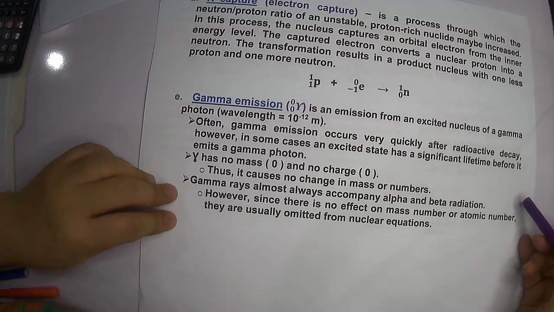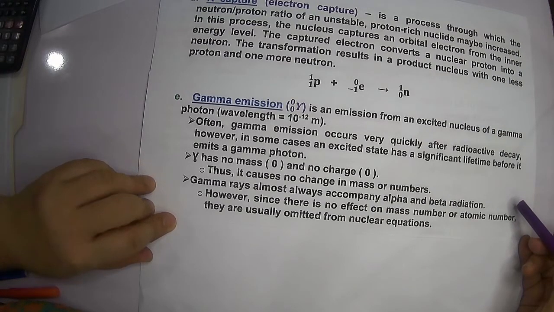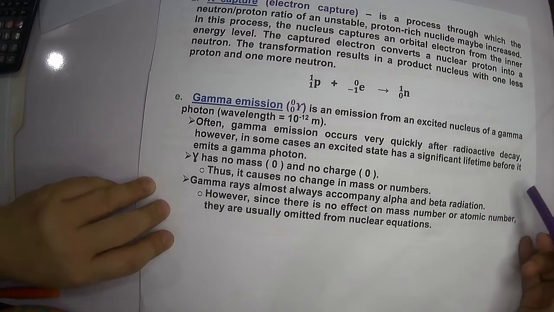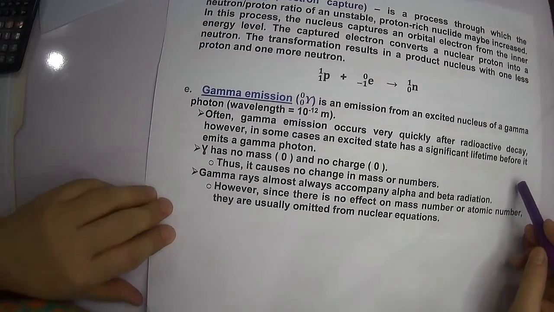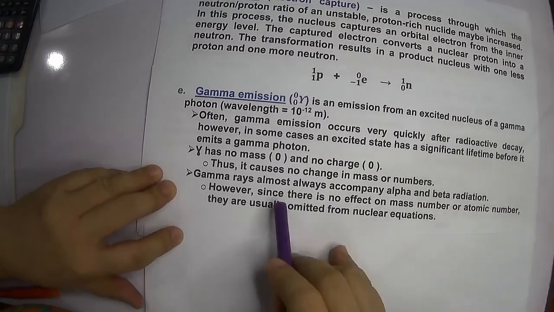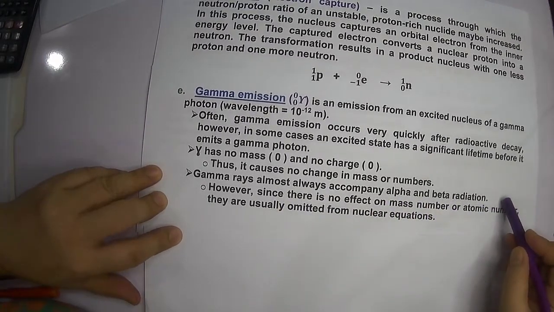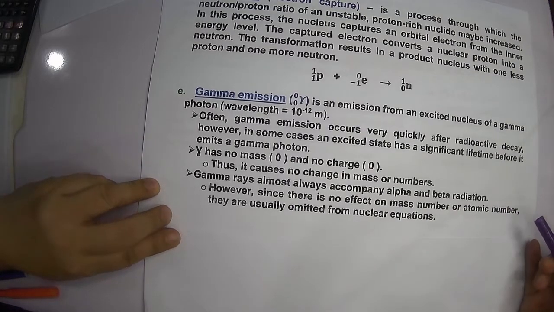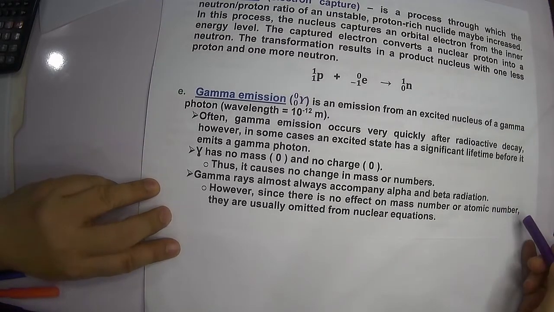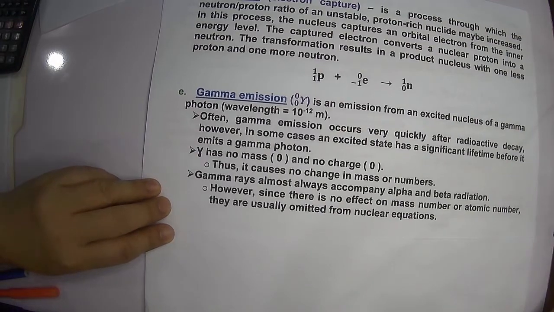Gamma has no mass and no charge. Thus, it causes no change in mass number, nor in atomic number. Gamma rays almost always accompany alpha and beta radiation.